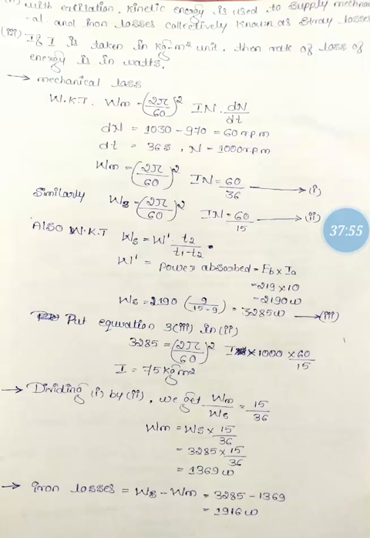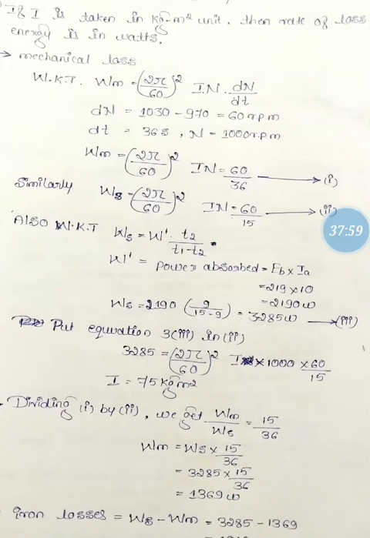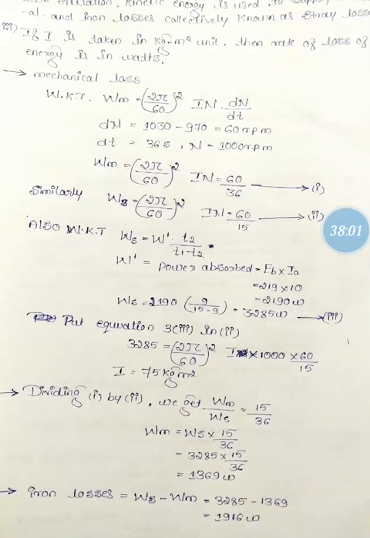We also know that Ws equals W dash into T2 divided by (T1 minus T2). W dash is the power absorbed, which we calculate as Eb into Ia. Eb is given as 219 and Ia is given as 10, so 2190 watt is the power absorbed.